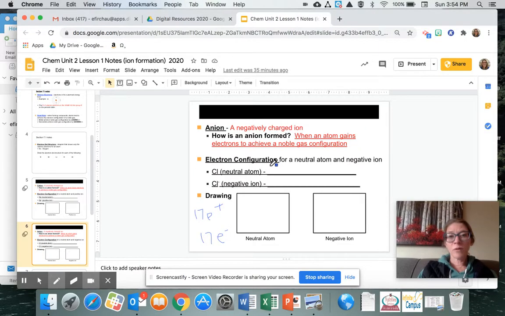So if we wrote the electron configuration for chlorine, we would have 1s2, 2s2, 2p6, 3s2, and then 3p5.